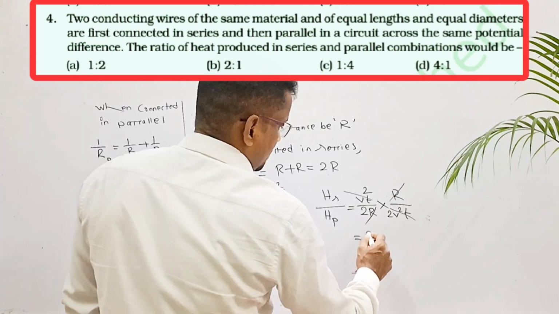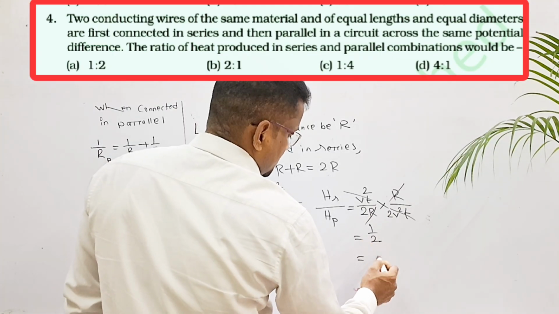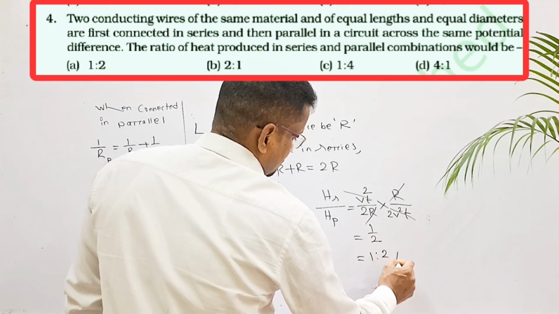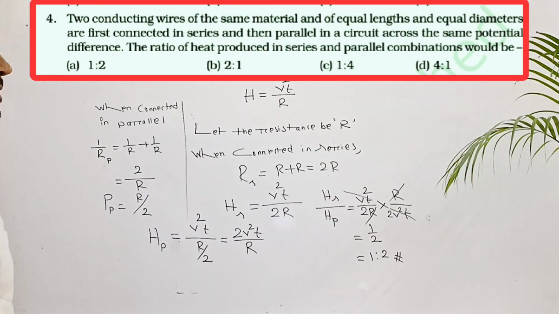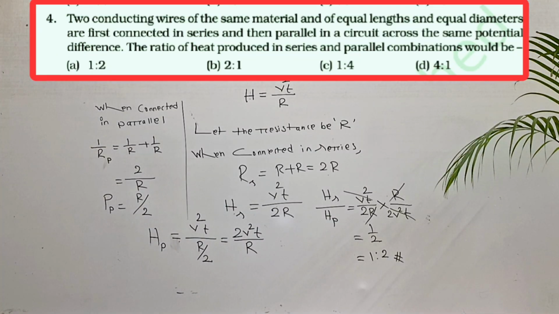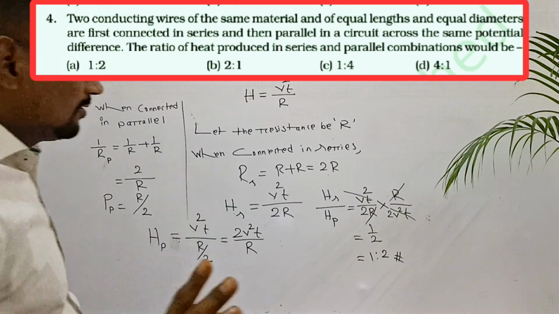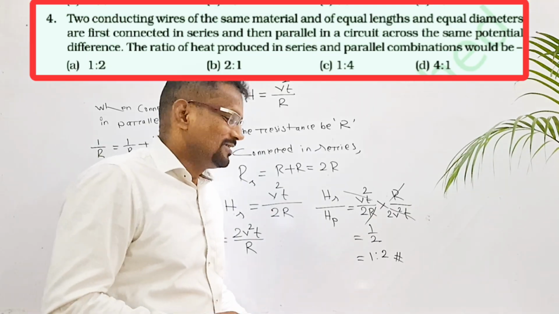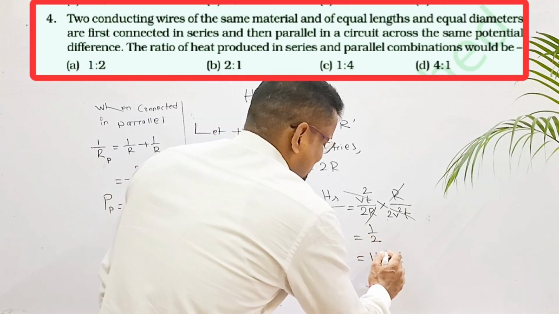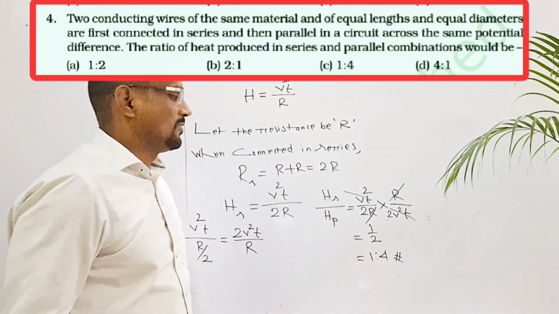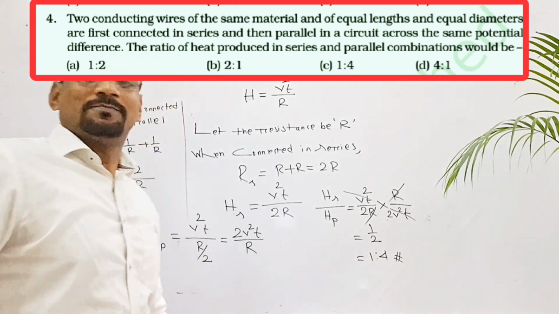Your answer will be 1 by 2. So the ratio is 1 is to 2. I hope it's clear. Now let us take question number 5. Oh, sorry, it is not 1 is to 2. This is 2 into 2. This is 1 is to 4 actually. Sorry, the answer is 1 is to 4.